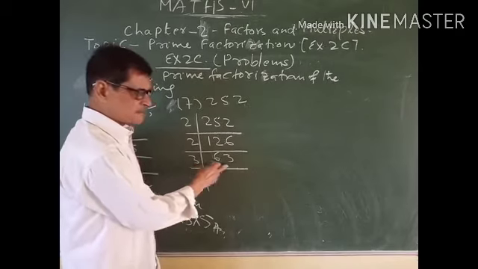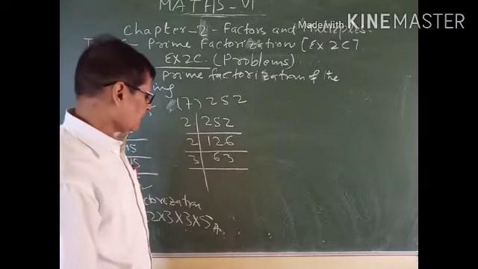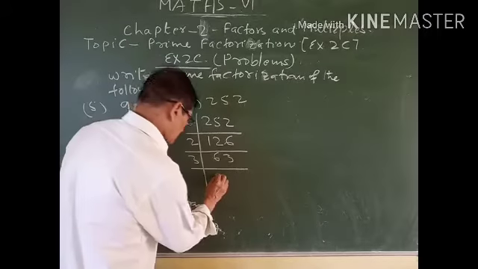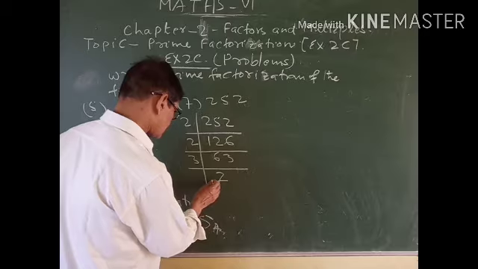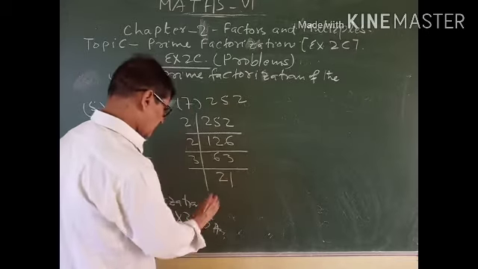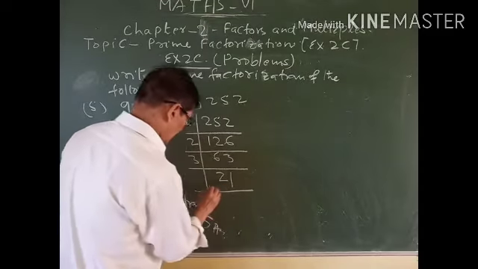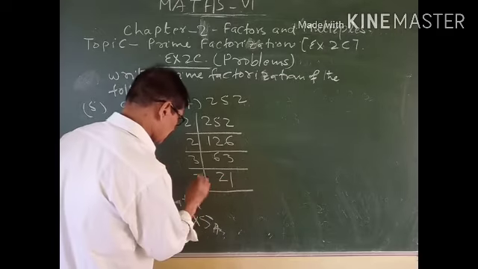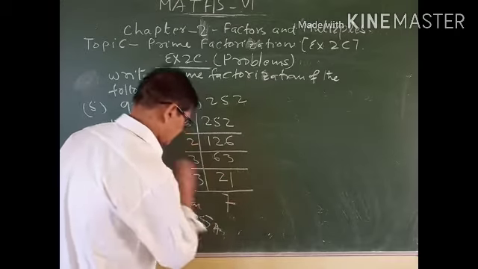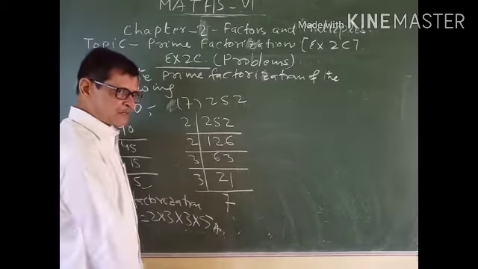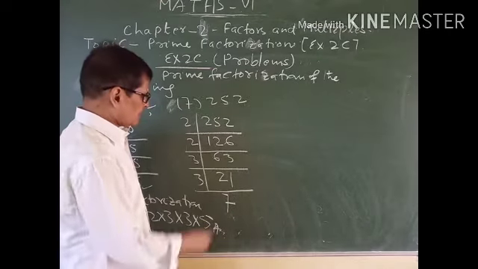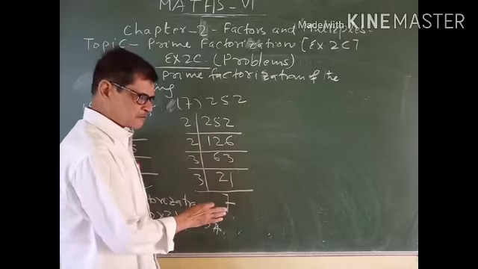Therefore, 63 is also divisible by 3. 3 twos are 6, 3 ones are 3. Again it is divisible by 3. 3 sevens are 21. Now 7 is a prime number and here our process stops.